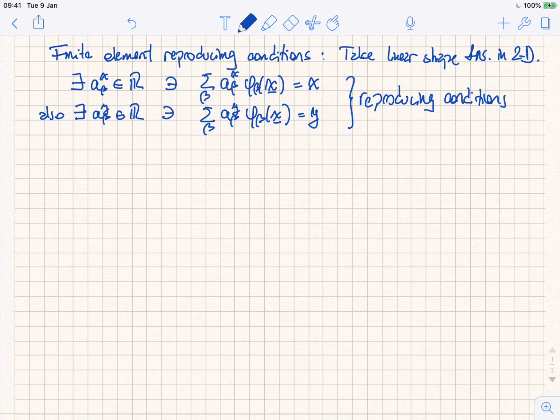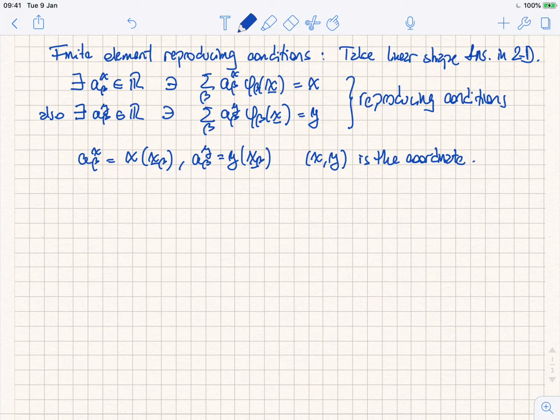And it's super straightforward to do that for linear polynomials, because alpha beta x is just the x value at the node, and the same thing, alpha beta y is the y value at the location of the node. Here x, y is the coordinate of node xp.